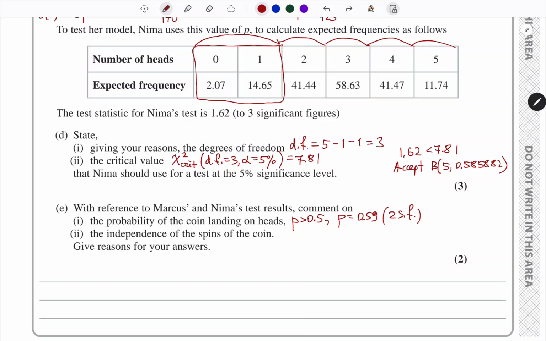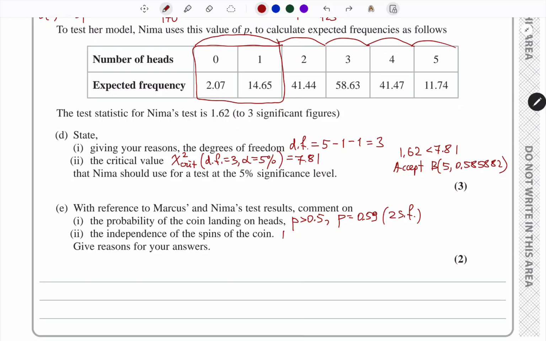So what can we say about the independence of the spins of the coin? If we accept binomial distribution, then we have to accept independence automatically, because binomial distribution implies independence.